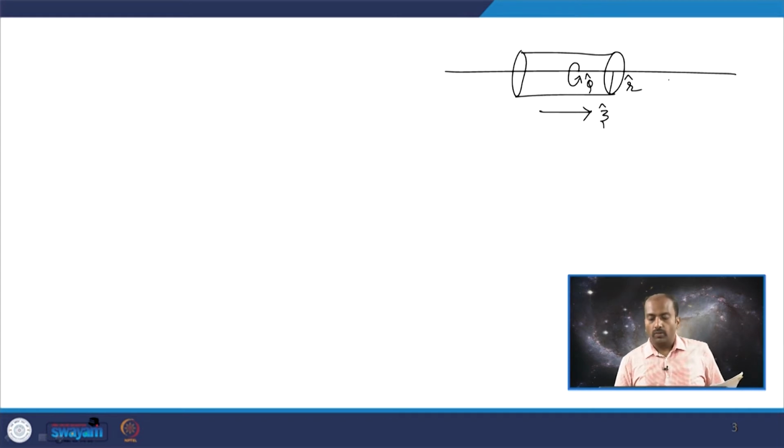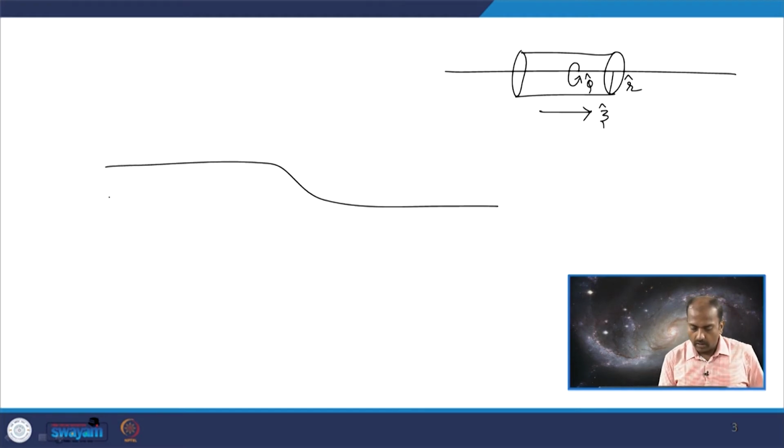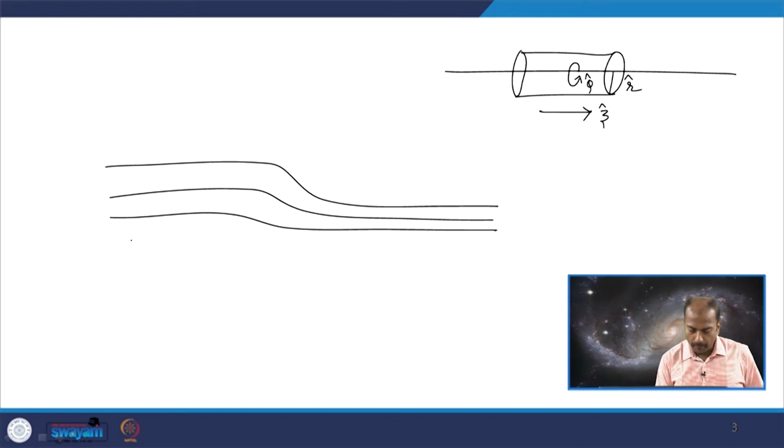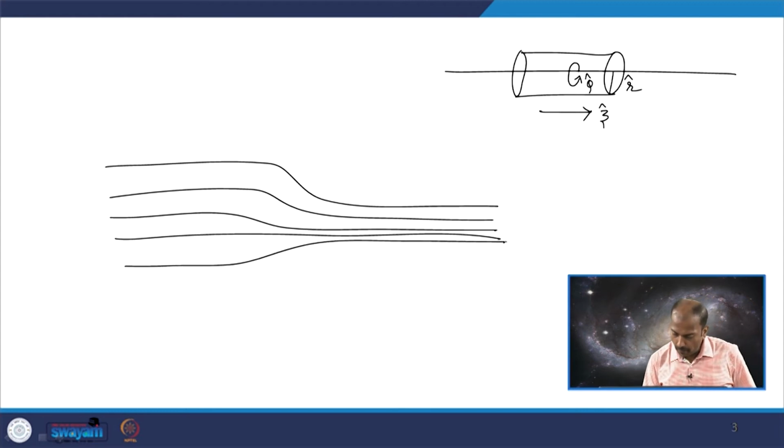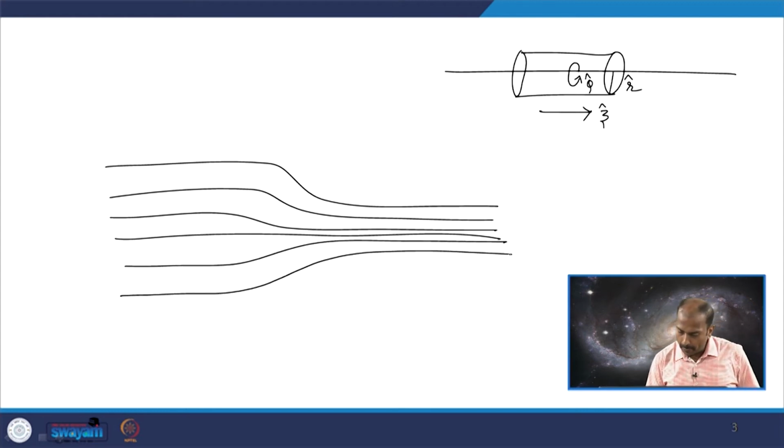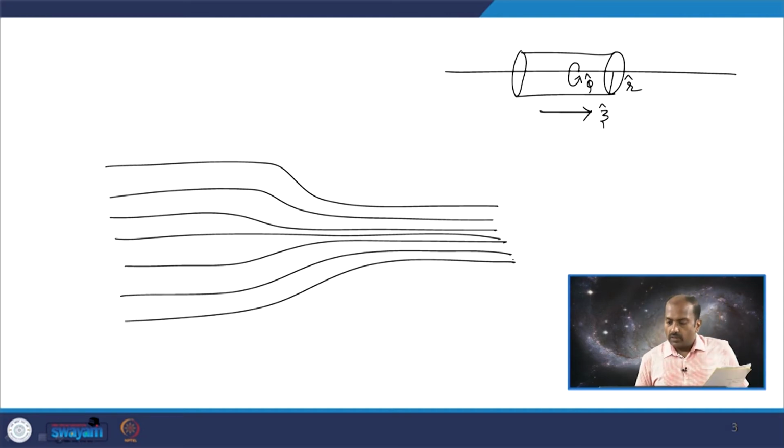Right. Now the magnetic field is chosen like this. Let's say the magnetic field lines are trying to converge. Now what is the direction? So this is the z direction. So the magnetic field is now pointed in this direction. The original magnetic field is pointed in the z direction.